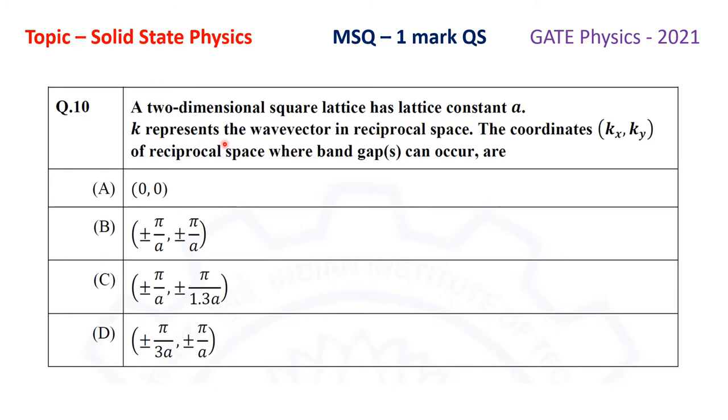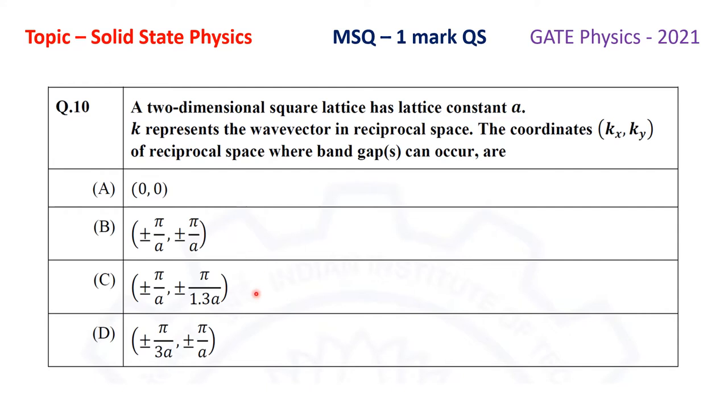K represents the wave vector in reciprocal space. The coordinates kx, ky of reciprocal space where band gap or band gaps can occur, those are: option A is at 0, 0, that is at origin. Option B, plus minus pi by a, plus minus pi by a.